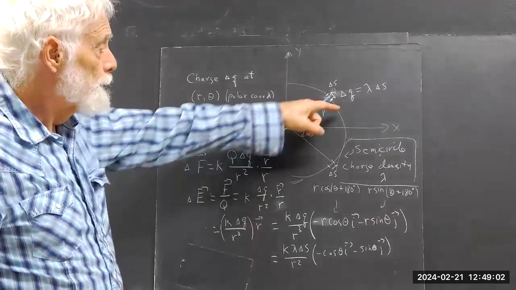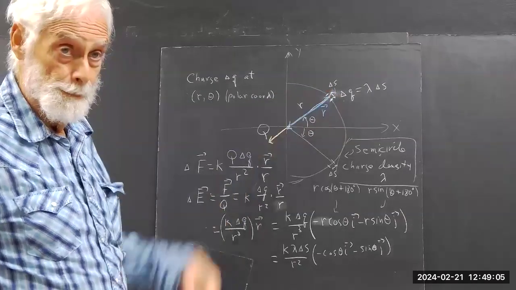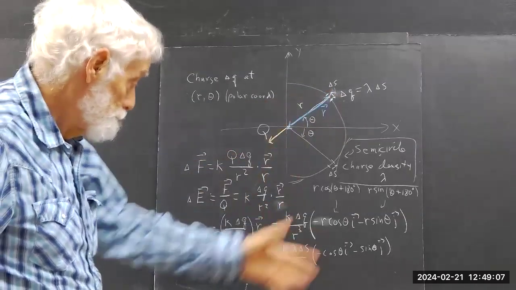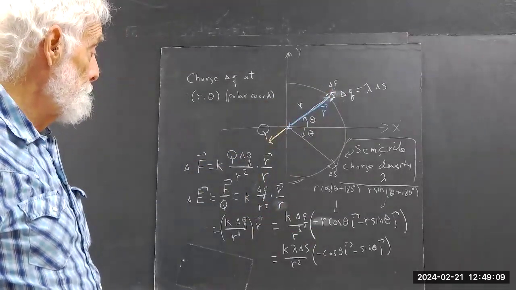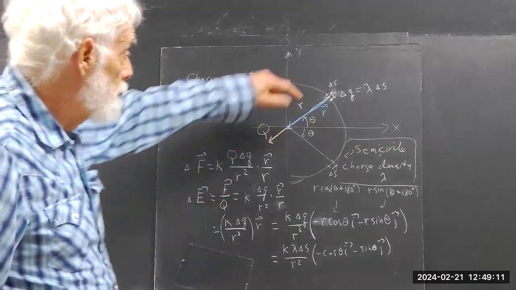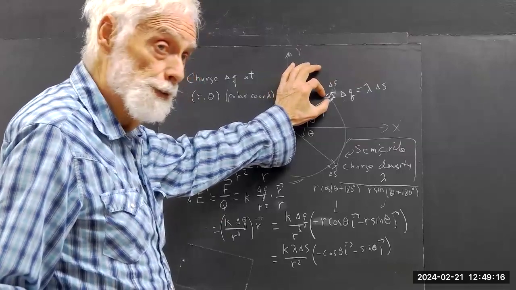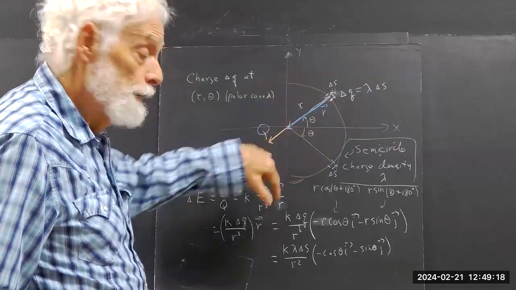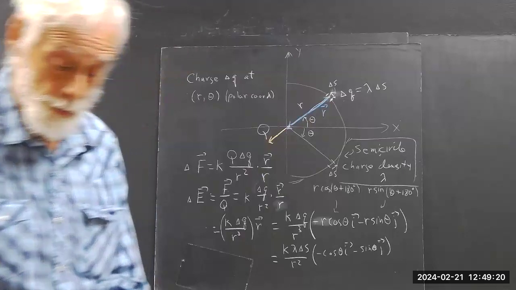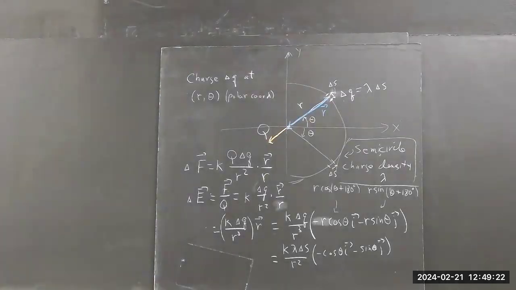So we started with just the delta Q up here. And we got our expression for that. And then we said that delta Q was lambda delta S, where delta S is a distance increment along this arc. Got a question?